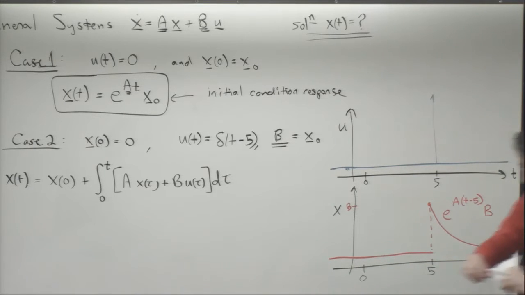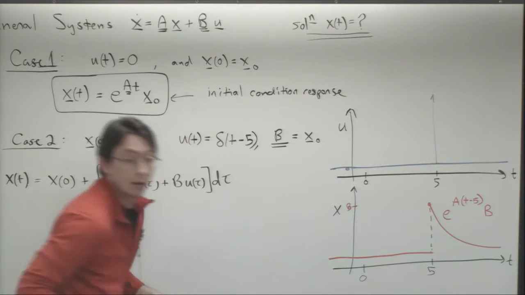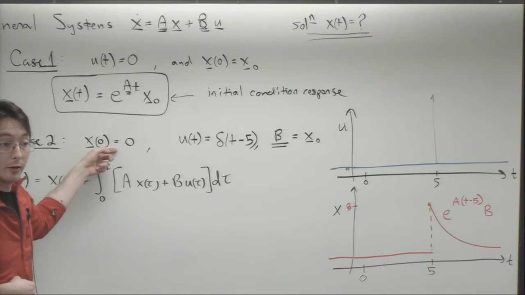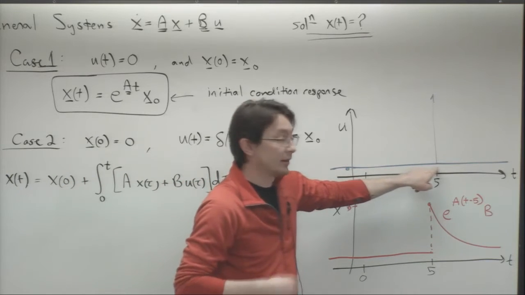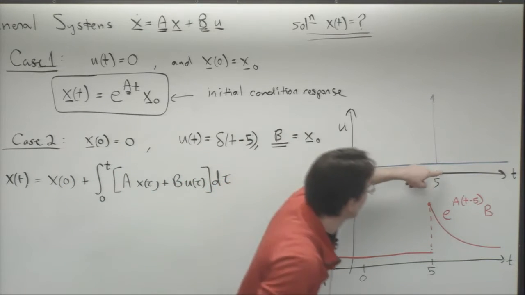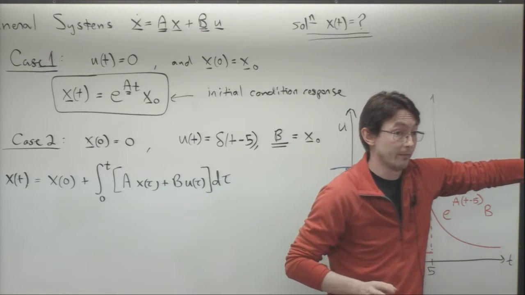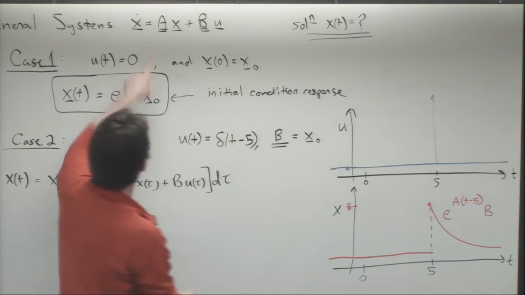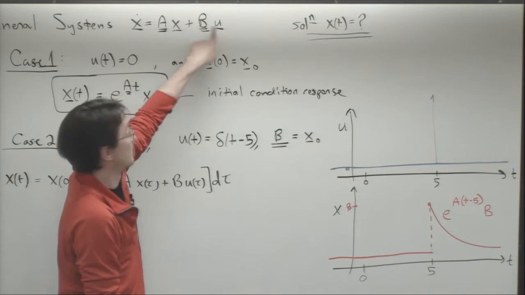So I'm going to go over this one more time, because this can be confusing the first time you see it. Okay, so what do we have here? We have a system with an initial condition equal to 0. And our forcing is going to remain silent until exactly t equals 5. We're going to give it an impulsive input, and then it's going to remain 0 forever after. So our solution x, if it starts at 0, then x dot equals 0 plus 0.